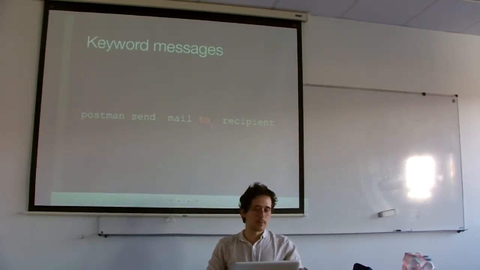You put some words to complete the selector, and you just put colons. And you have postman send mail to recipient. But it's much more readable, I think. So the receiver, the message sent, the first argument, second argument.